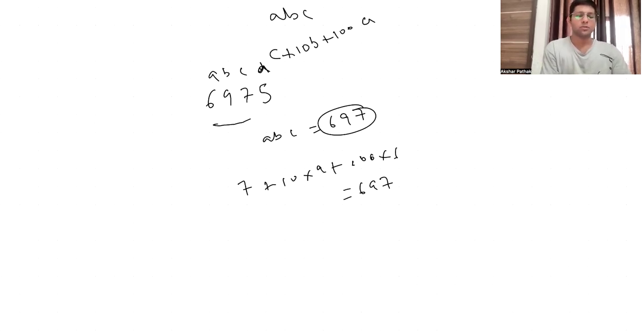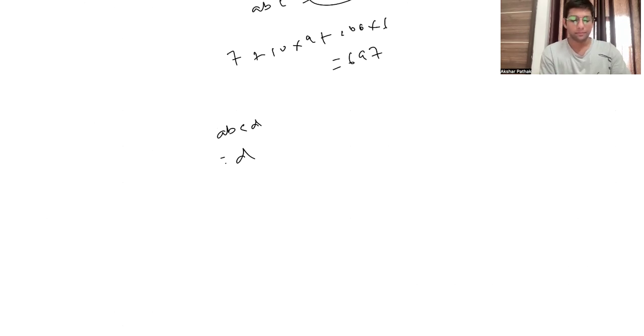Okay. So you just wrote ABCD as D plus 10 times C plus 10B plus 100A. You just wrote it like that.